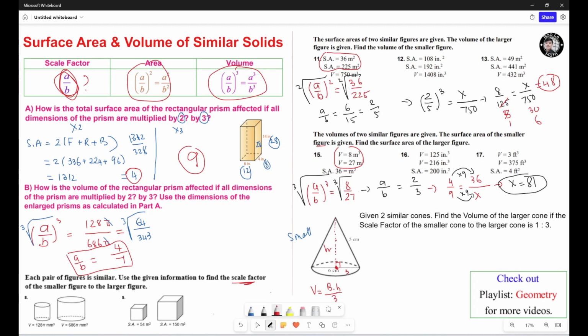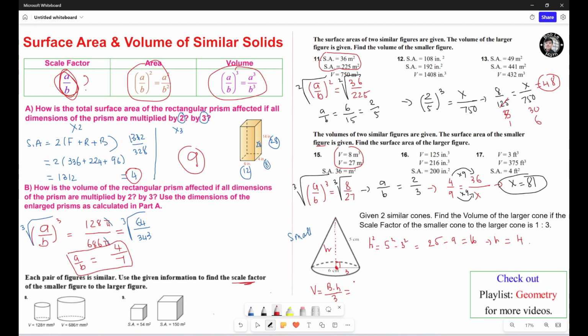Now this is the right triangle. So we apply the Pythagorean theorem into this triangle right here. So we have h squared equal 5 squared minus 3 squared. And it's going to be 25 minus 9 equal 16. And then take square root both sides, so h equal 4.